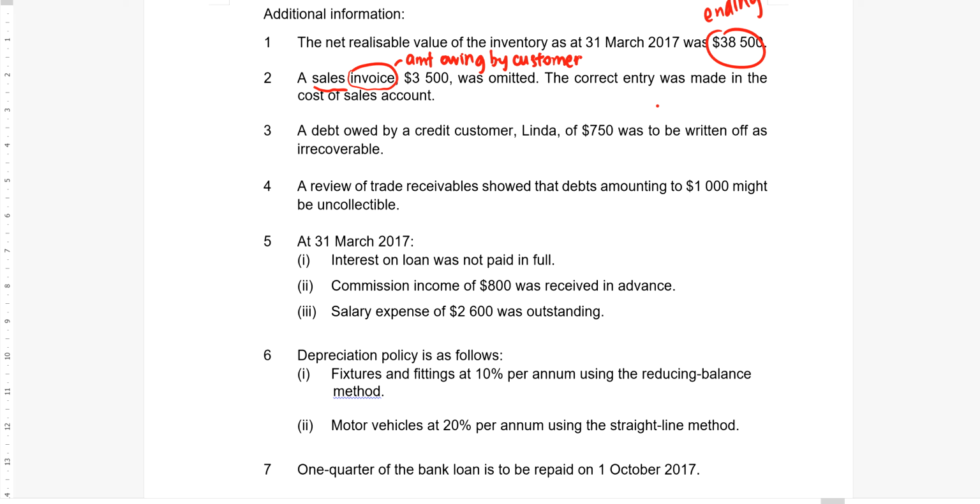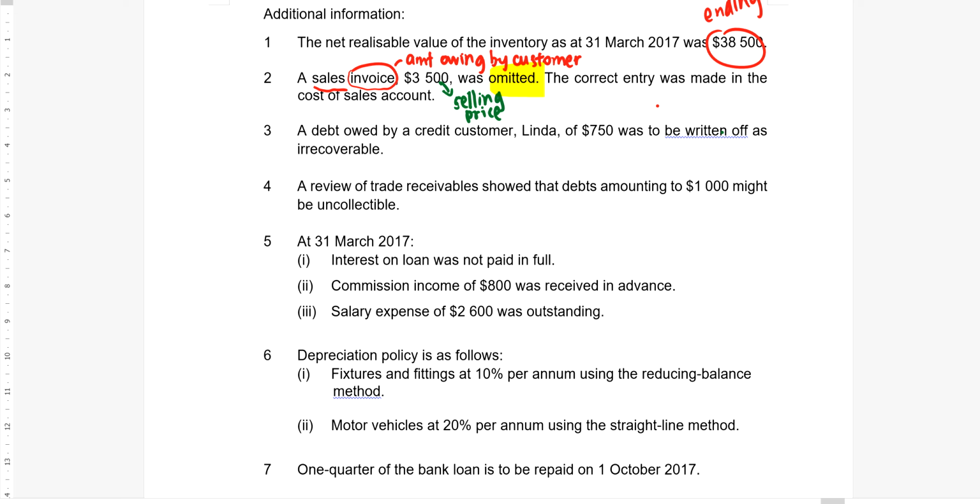So what happens is that the business actually sold goods to the customer for $3,500. This is my selling price. And they did not record it down. The word omitted means that they did not record it down.